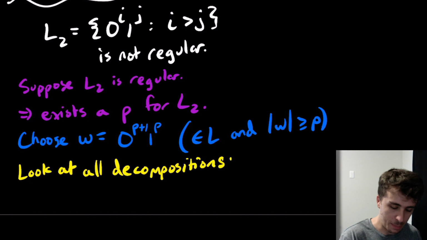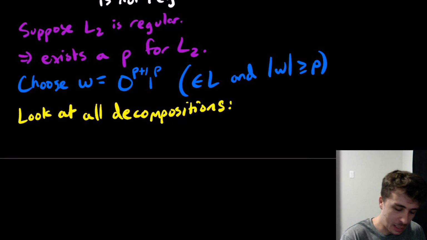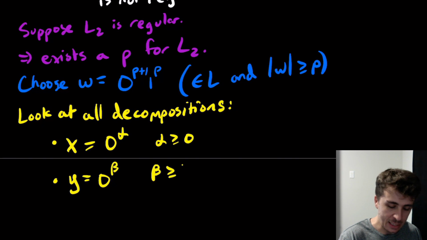Well, again, the first P characters are zeros, so we're going to have very similar decompositions, just like before. I'm going to call X 0 to the alpha, where alpha is at least 0. Y is again going to be 0 to the beta, where beta is at least 1.